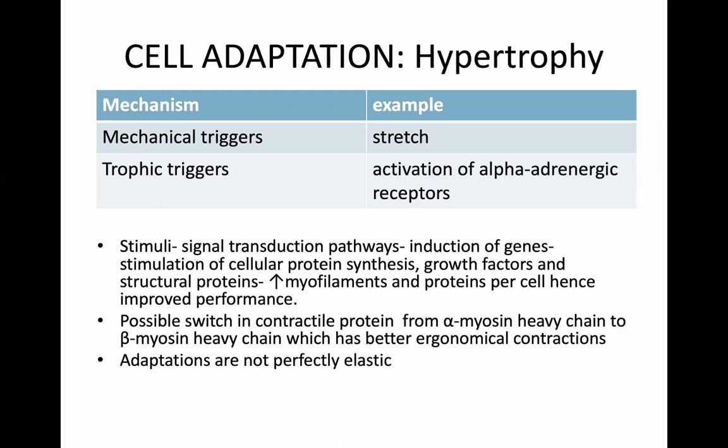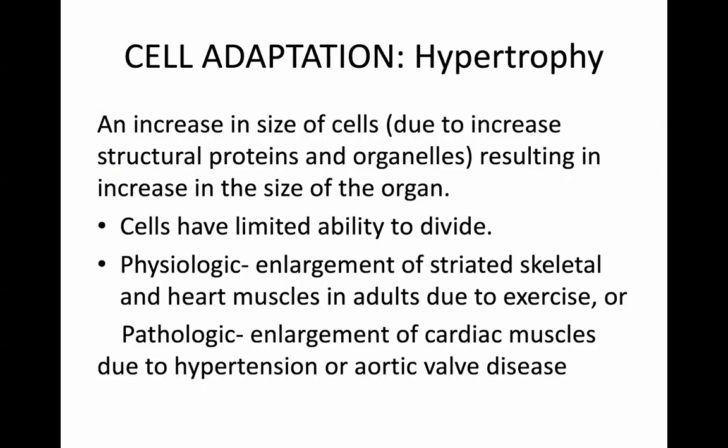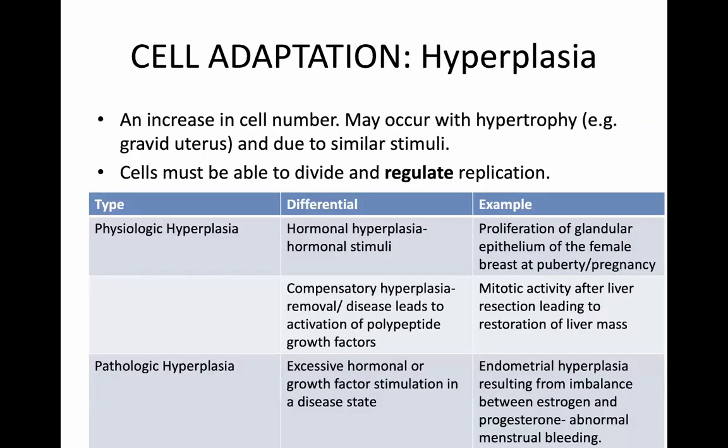Now let's quickly talk about hyperplasia, right? Hyperplasia takes place if the cell population is capable of reproduction. Of course, a very popular example of a cell that can replicate very fast is the liver cells, right?